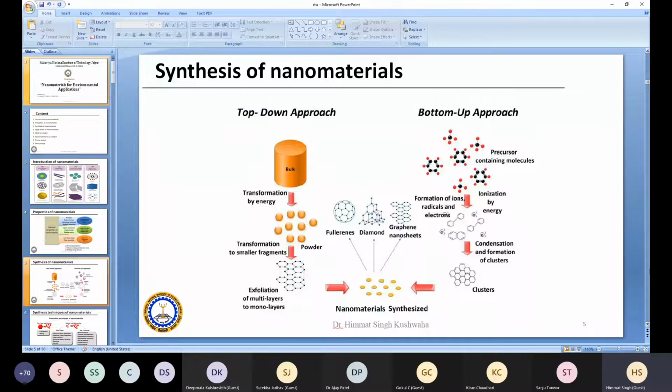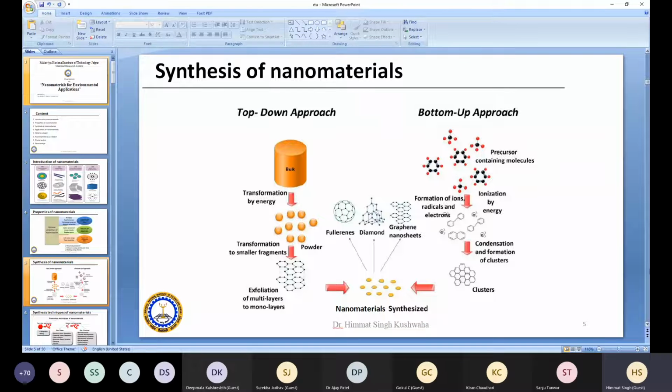The other one is exfoliation of the materials from the bulk. For example, graphene oxide synthesis by Hummers' method using graphite, the ball milling process, or the Scotch tape method; these are top-down approaches.